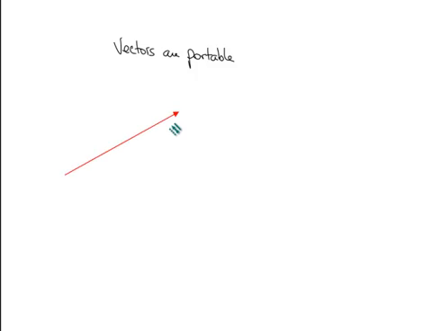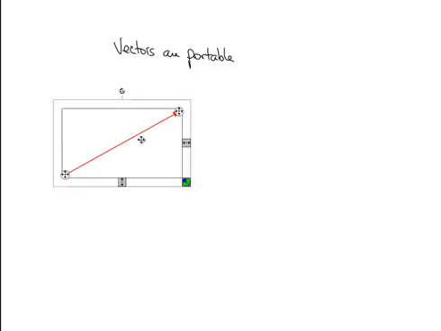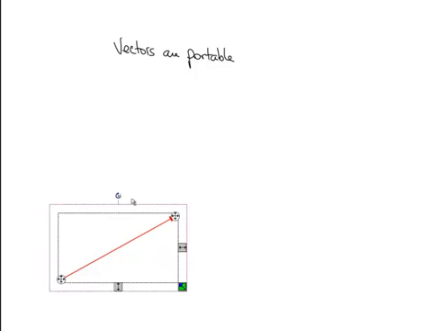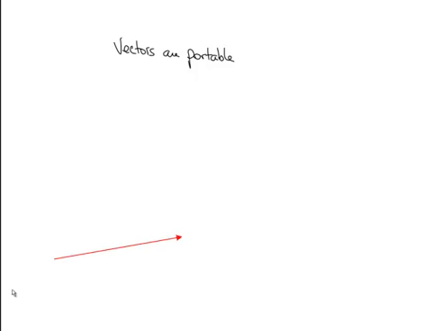If I have a vector, as long as I don't change the length or the direction of that vector, I can move it anywhere I want to, and it is still the same vector. As long as the magnitude and direction stay the same, it's the same vector. It doesn't matter where I put it. Now, as soon as I do this, it's not the same vector, because its magnitude is still the same, but its direction has changed. It's now a new vector.